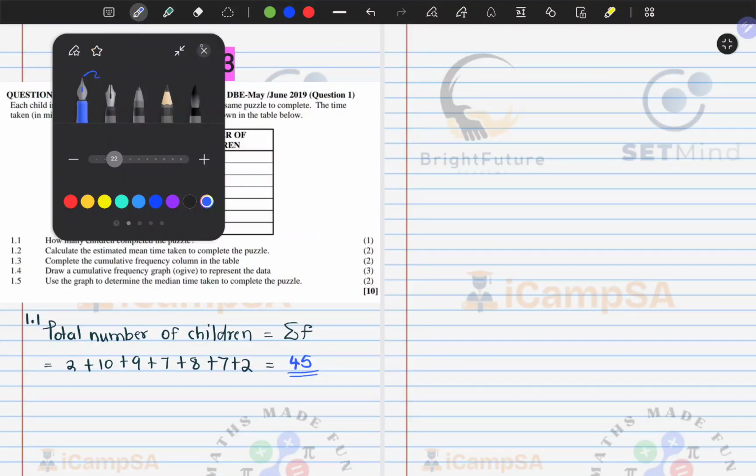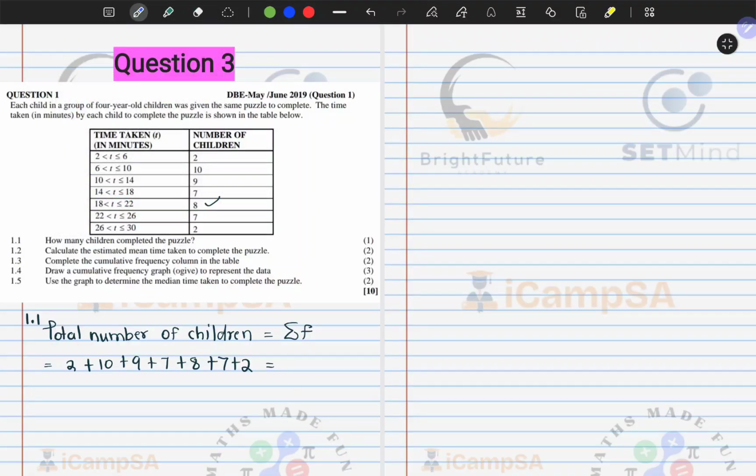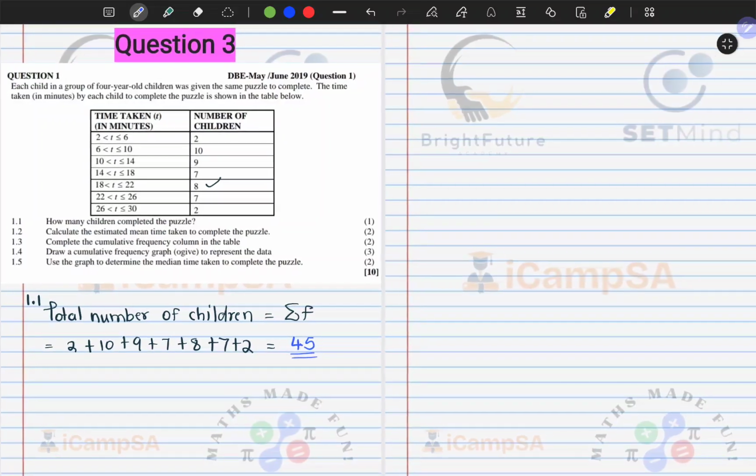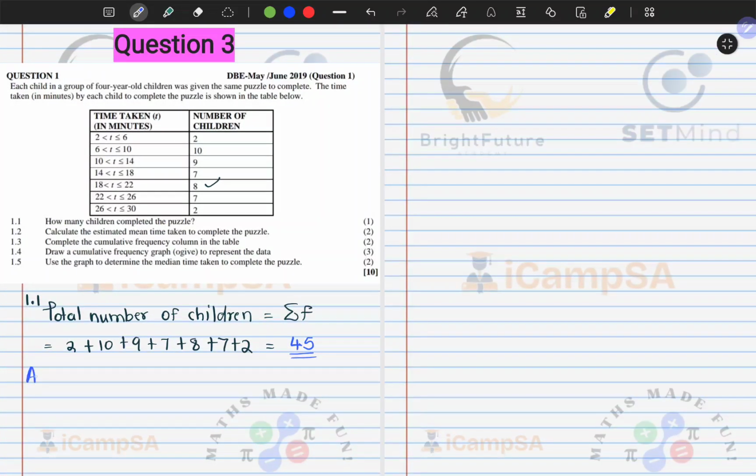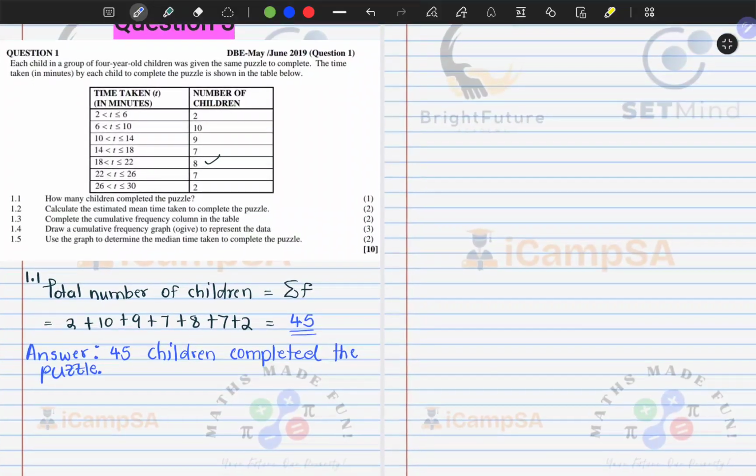It's supposed to be 45. Okay, so we have 45 children who completed the puzzle. So the answer is 45 children completed the puzzle. Okay, so I hope this does make sense.